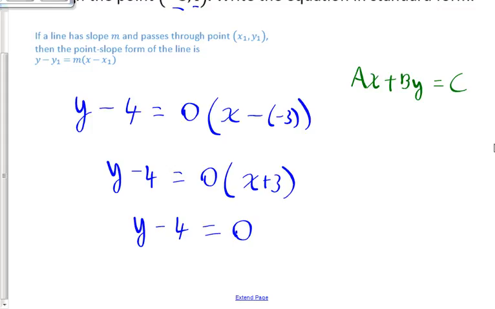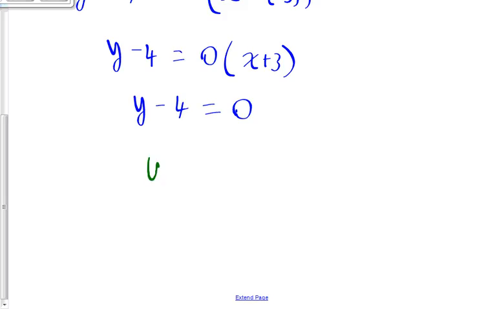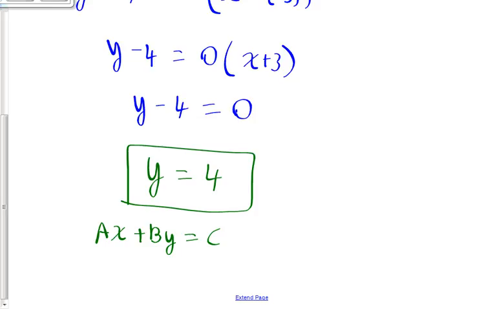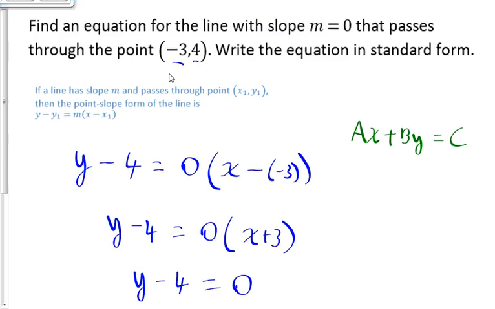So I'm going to add 4 to both sides to make this y equals 4, and then you see that this is ax plus by equals c, where a is 0, b is 1, and c is 4. So here is the standard form of the equation of this horizontal line that goes through negative 3 comma 4.